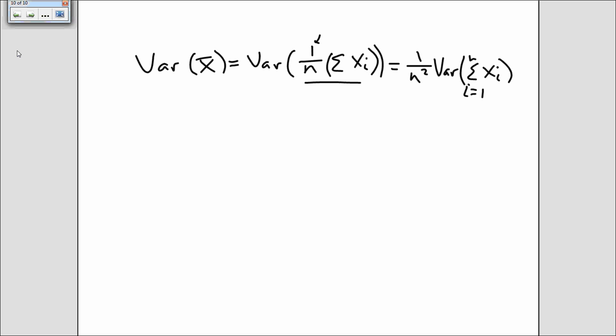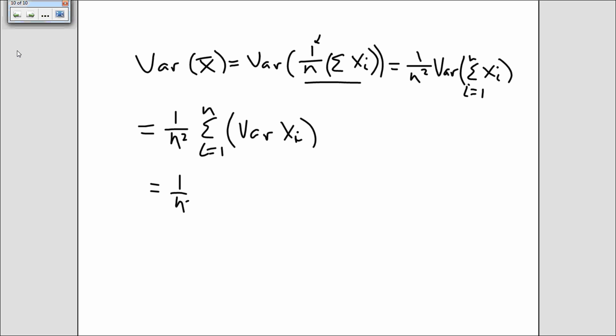Now, since we were told that these are independent, this is 1 over n squared, and I can bring the variance inside. The variance of x sub i, as i goes from 1 to n. This is 1 over n squared times the sum of the variances of the x sub i's.